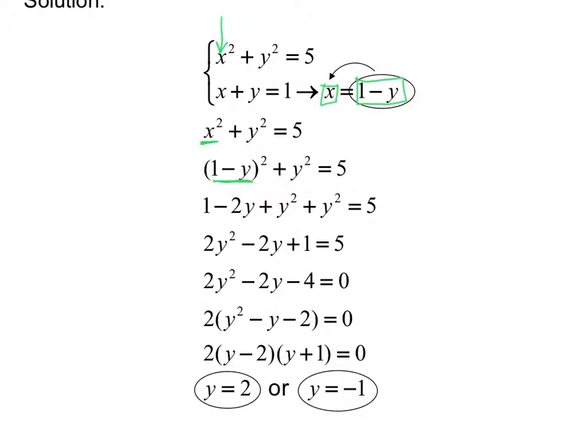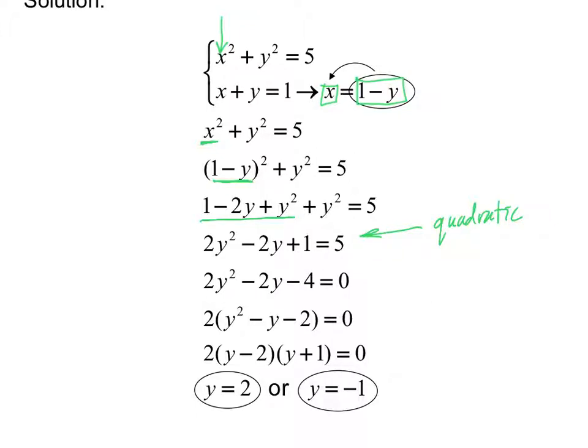Now when I square this, since I'm squaring a binomial, I'm going to get this trinomial right here. And after I combine like terms, notice that this is a quadratic. Quadratics need to be solved either by factoring or the quadratic formula.